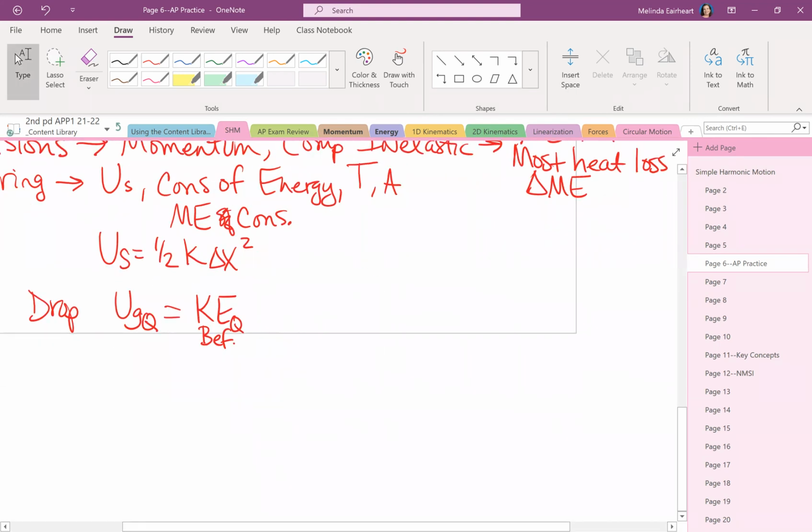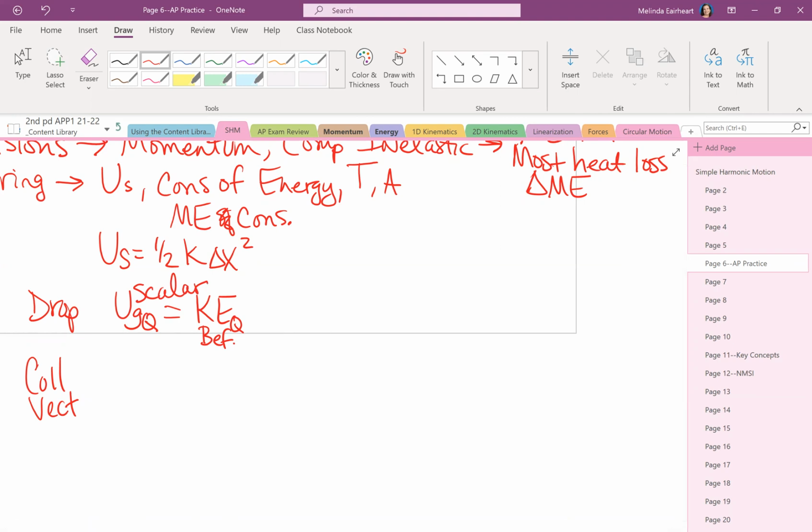And then we have the collision. Let's write out our conservation of momentum statement, right? So in the beginning, now does momentum care about direction? Yes, momentum is a vector where energy was our scalar, okay? And so in the beginning, P is moving, right? It was already in motion when the collision occurred. And so we'll have the horizontal momentum of P initially.